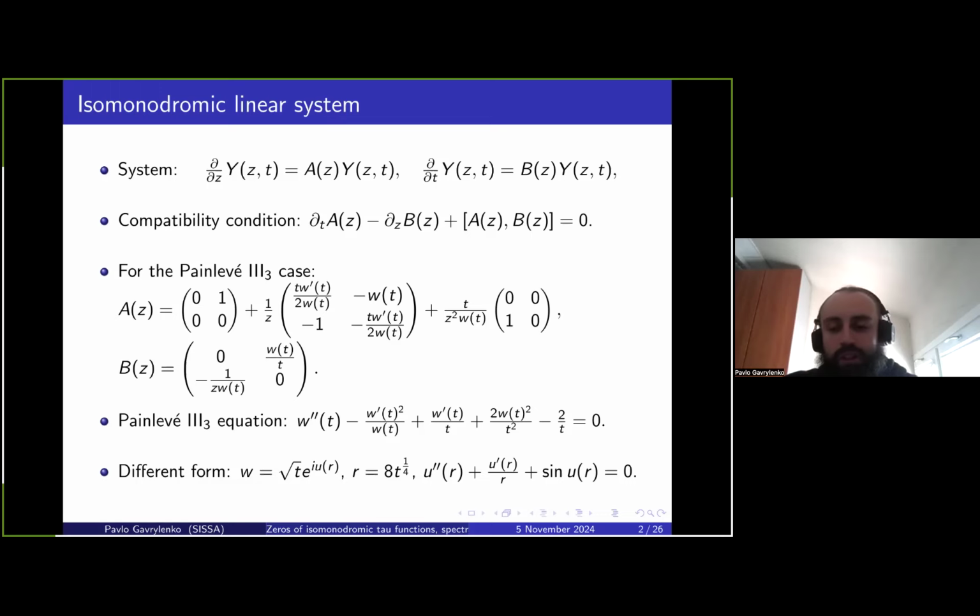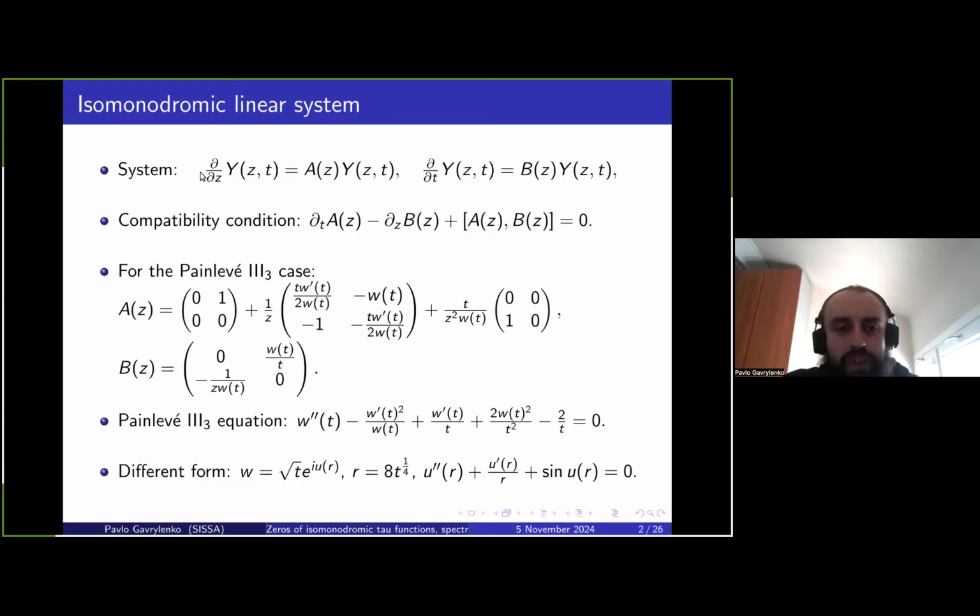It goes back actually to the beginning of the 20th century, when people studied differential equations and systems of differential equations and their monodromies, and isomonodromic deformations. So the system we are interested in is the following.